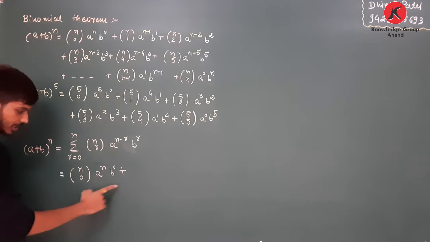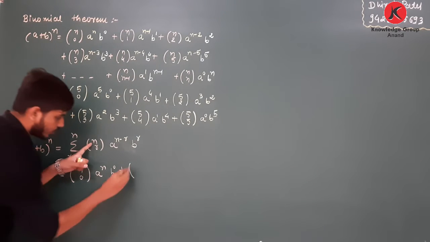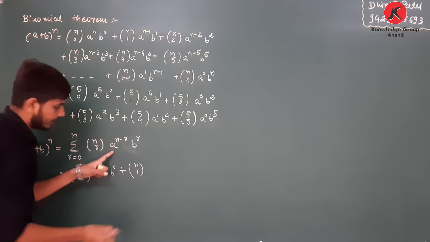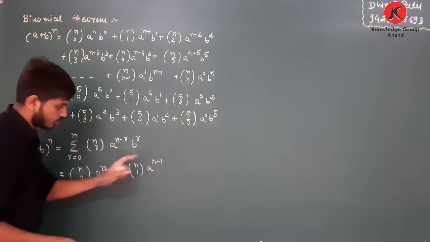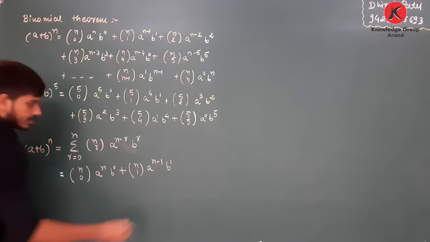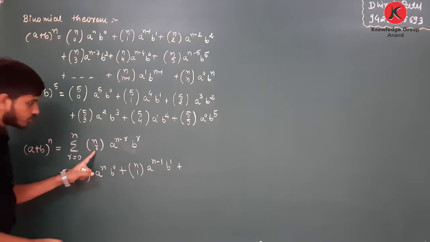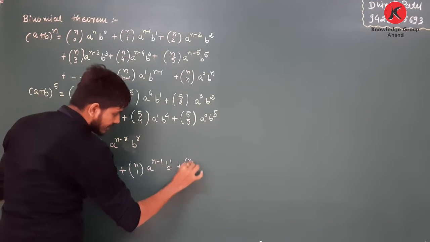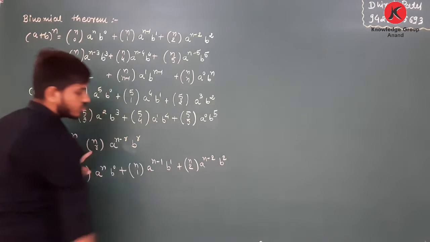So the result for r equals 0 plus r equals 1. When we put r equals 1, we get nC1 a raised to n minus 1 b raised to 1. Now sigma means summation, plus. Now put r equals 2, we get nC2 a raised to n minus 2 b raised to 2.